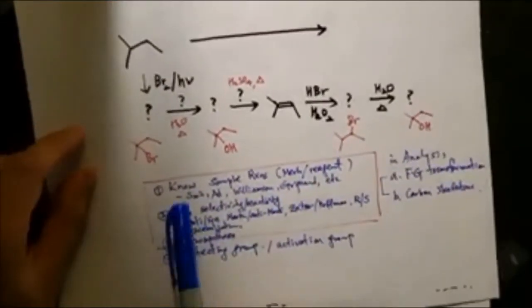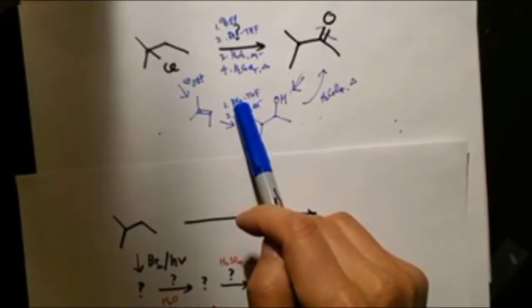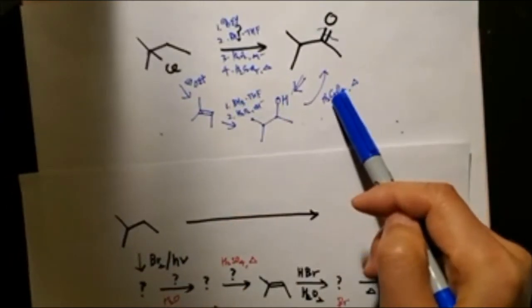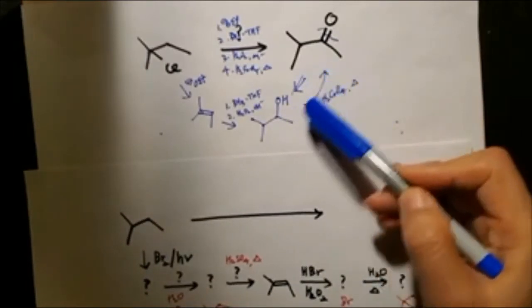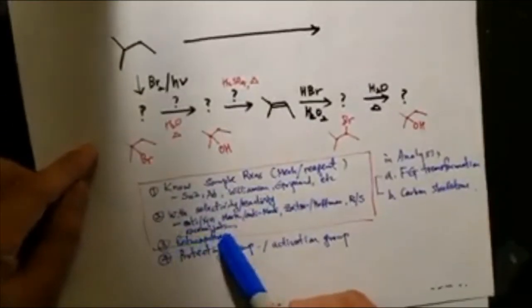So this example illustrates that you need to know these simple reactions of E2, anti-Markovnikov addition of OH, and oxidation. But you cannot just simply put them all together, right? You need to think about the logical reasoning, why we had to think about this by assuming something in the retrosynthetic approach.